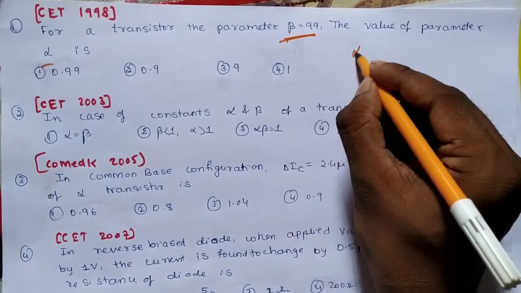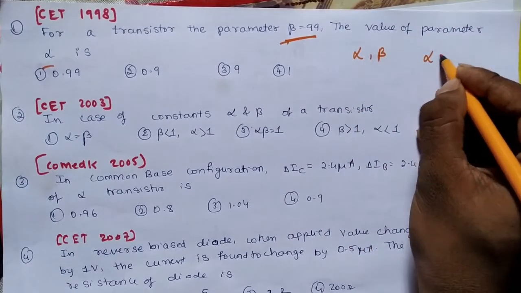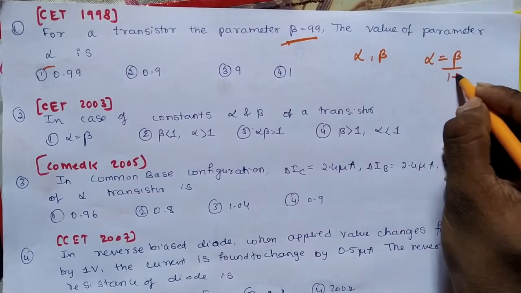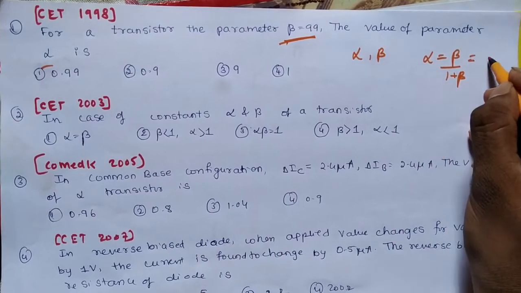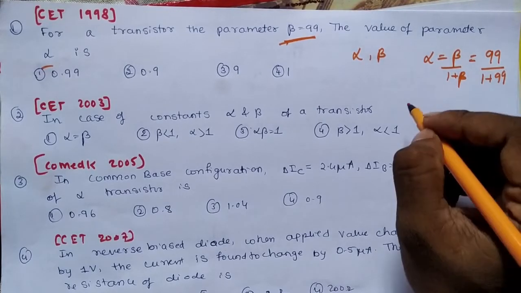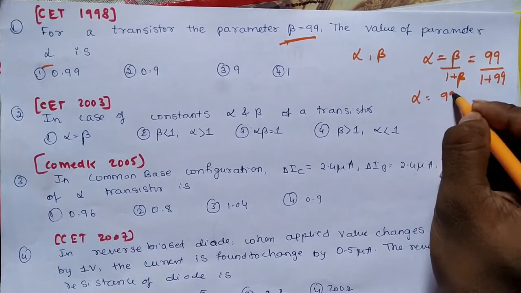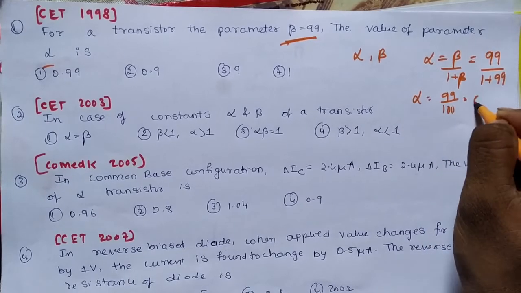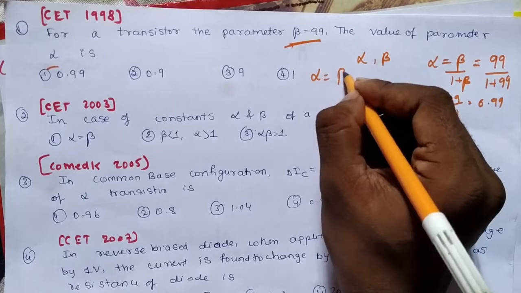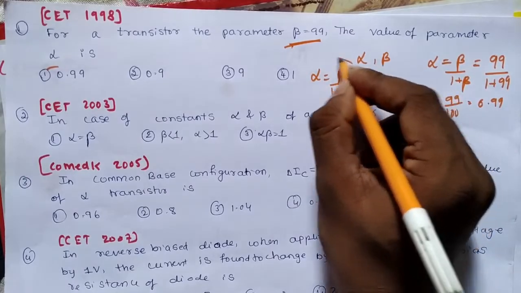See, the relation between alpha and beta is alpha is equal to beta divided by 1 plus beta. What is the answer? Beta here is 99 divided by 1 plus 99. So alpha is equal to 99 by 100, so that will be around 0.99. What is the relation between alpha and beta? Alpha is equal to beta divided by 1 plus beta.